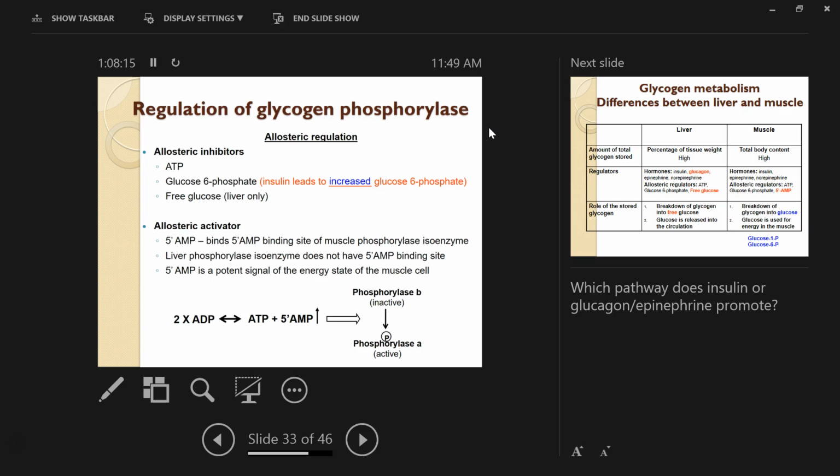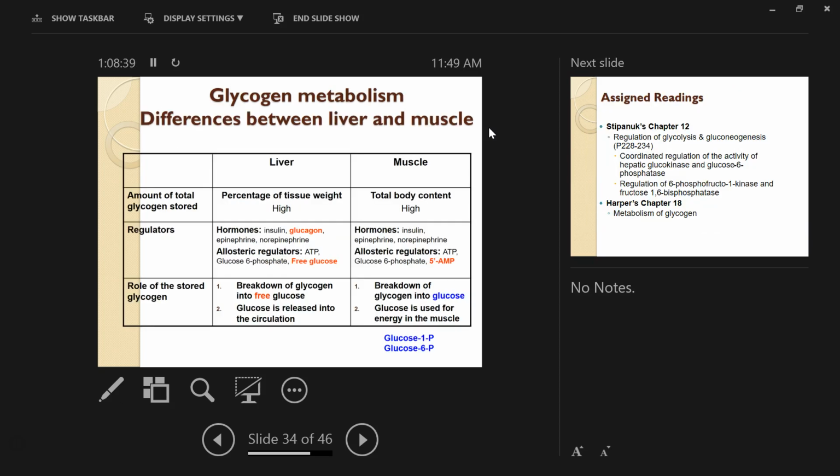And we also talked about the allosteric regulation by substrates: ATP, glucose 6-phosphate, free glucose, and 5' AMP, right? Again, 5' AMP only regulates muscle glycogen phosphorylase. And this is the last slide of the glycogen metabolism.